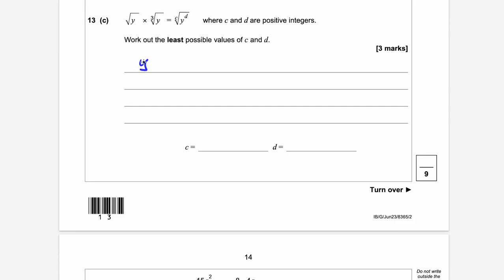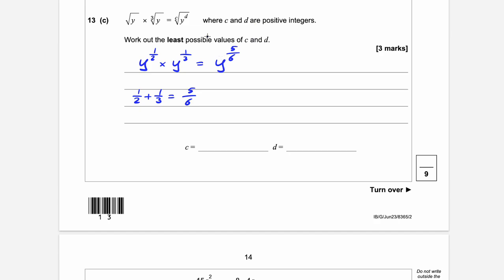So this is y to the power of a half times y to the 1 over 3. And this is equal to y to the power. Now I just add these two. A half plus a third is equal to, that's 3/6 plus 2/6, which is 5/6. So this is equal to y to the power of 5/6.